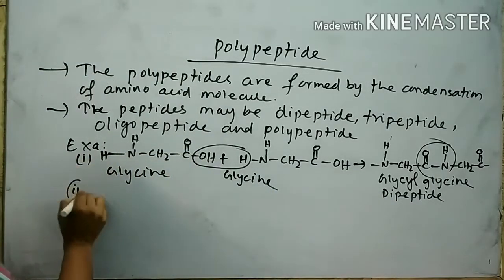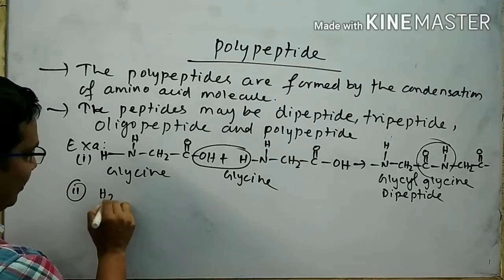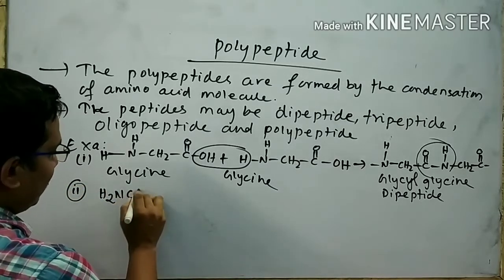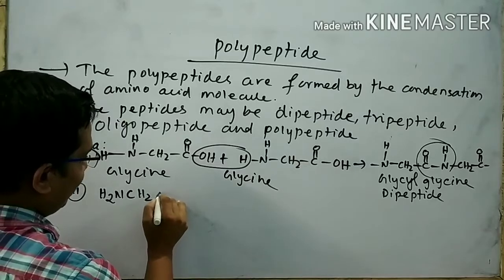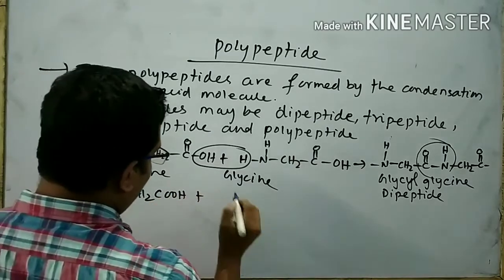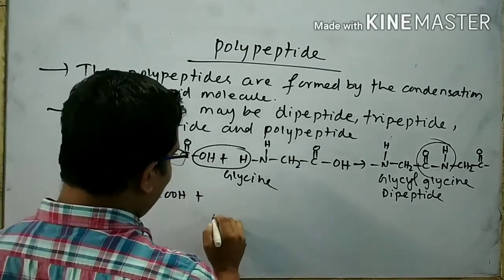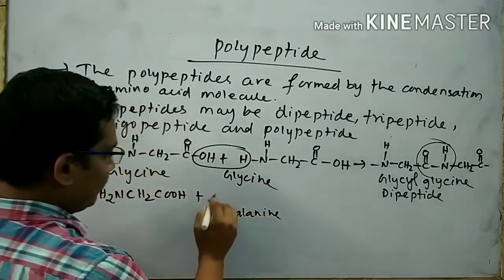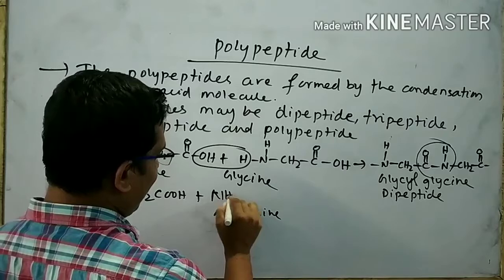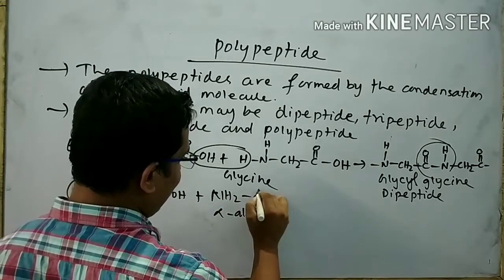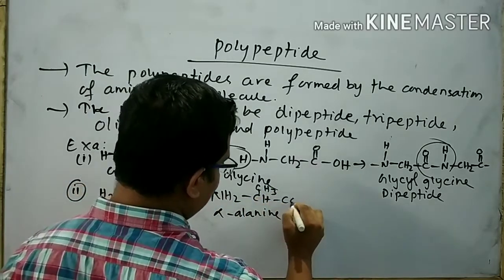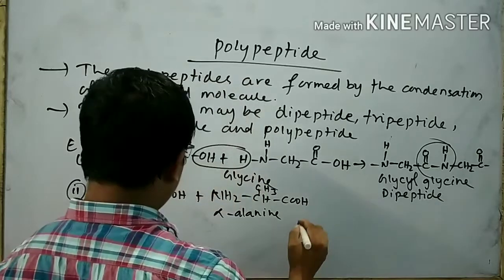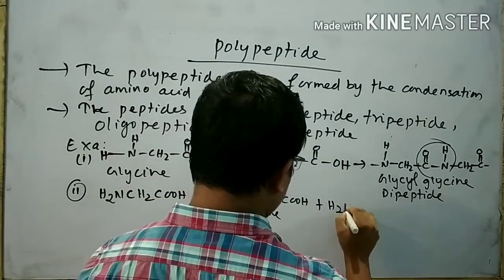Take another example. Suppose I will take one glycine molecule. Another is alpha alanine. The structure of alpha alanine is like this. And take another glycine molecule.